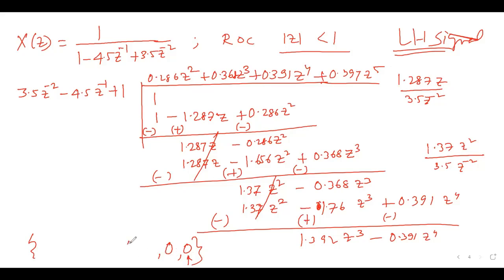Then 0.286. Remember this is x of 0, x of 1, x of 2, x of 3. This is the origin, so there is no Z to the power 0 term, so it is 0, and no Z to the power 1 term either. So this is 0.286, 0.368, 0.391 and so on. This is the inverse Z transform.